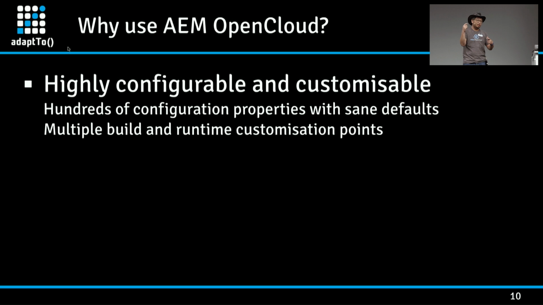Even though AEM OpenCloud provides the ability to provision the AEM infrastructure, it provides customization points. So it's like plugins. When you create the machine images, you can also install the Splunk agent or the Datadog agent. But the idea is that if you have 5 projects with different requirements for these logging solutions, they can reuse the AEM layers in the same manner.